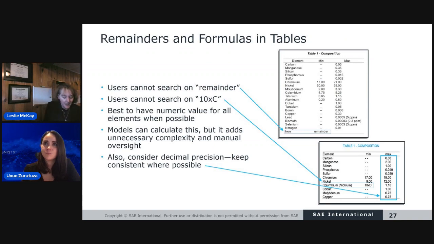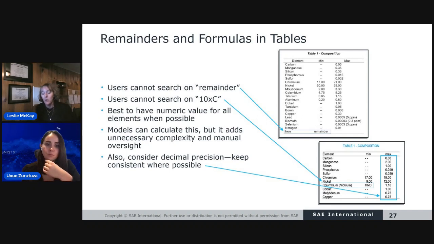Another thing common in many of our standards is using a calculation as a data value or using a word as a data value. Some examples I found are in this Table 1. The value for iron is the remainder of what's left after you subtract all the others out.